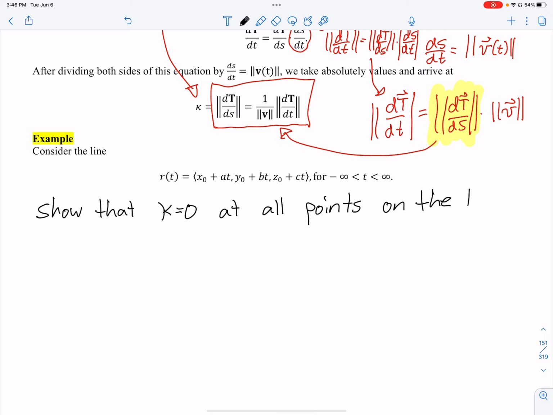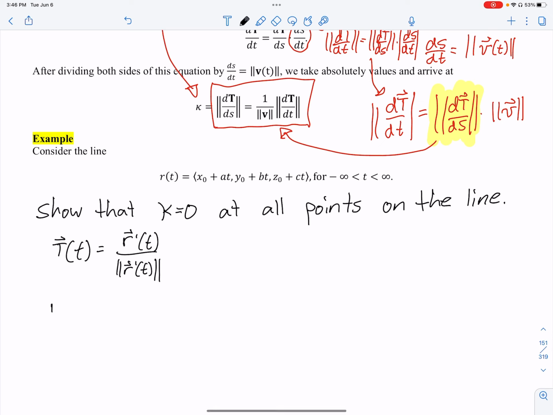All right, so if I were to find kappa, I'm going to need a couple things. I'm going to need a unit tangent vector, so let's go ahead and do that. A unit tangent vector, remember, is defined r prime of t over the magnitude of that same vector, making it a unit vector. Okay, so I need an r prime. So let's do that first.